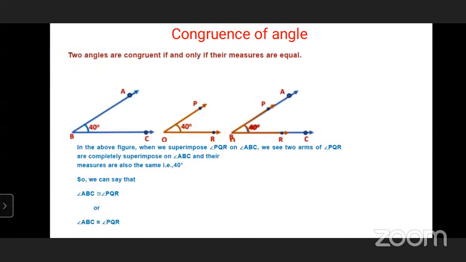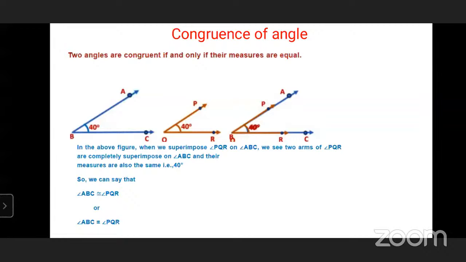After that, congruence of angles, which we saw in the last lecture: two angles are congruent if and only if their measures are equal. When we get equal angle measurements, we can say the angles are congruent.